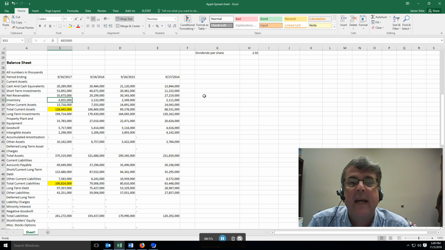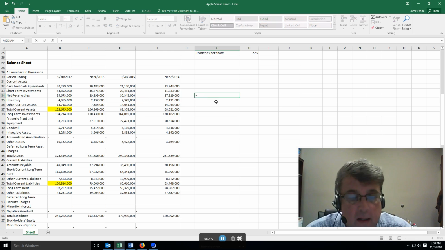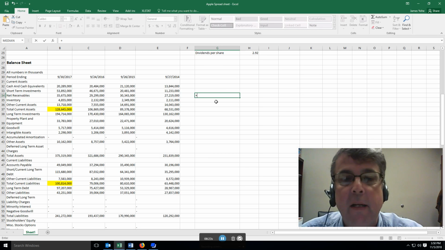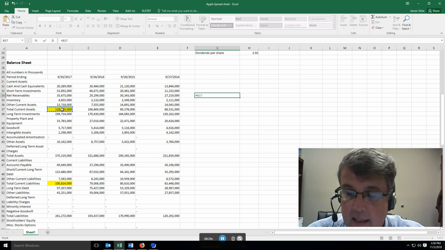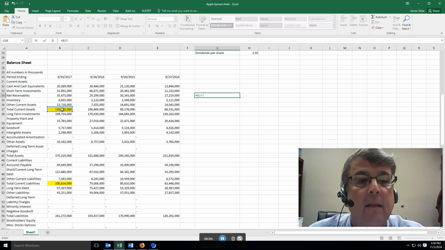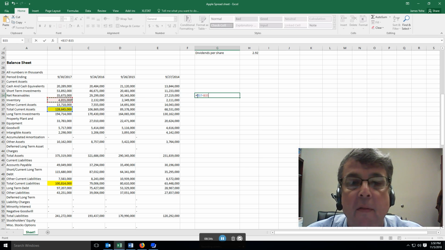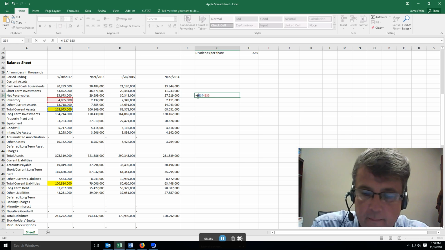So we're going to create a little spreadsheet here. And what I'm going to do is take total current assets, and I'm going to subtract inventory from it. Then I'm going to put it in brackets here.